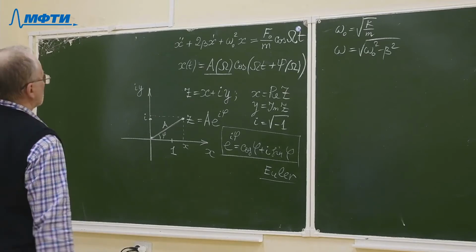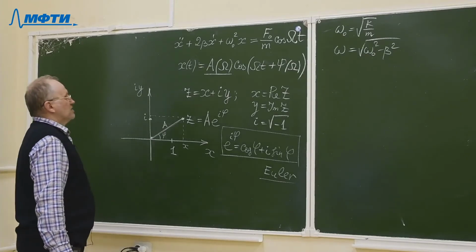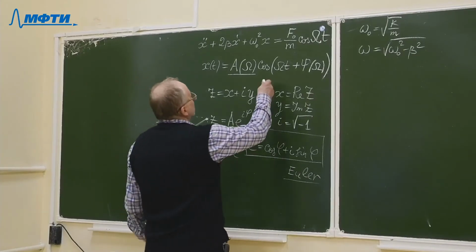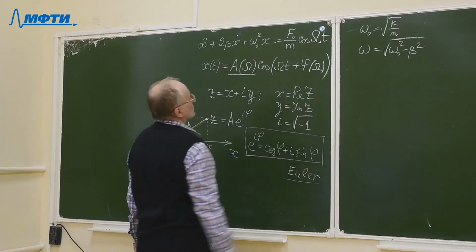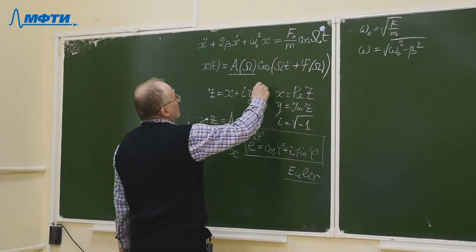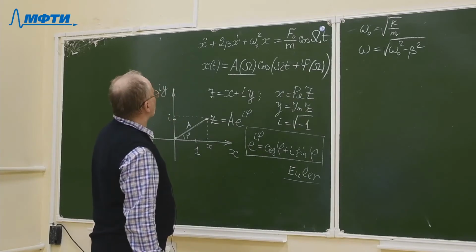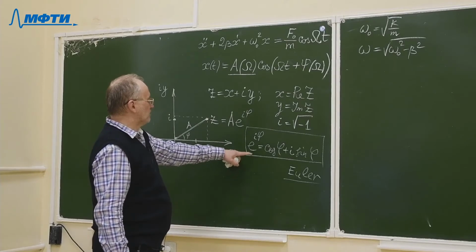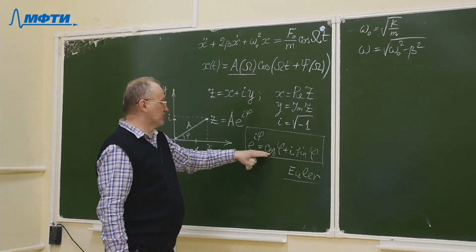So, based on the knowledge of complex numbers and based on the understanding that the solution of this equation will be some harmonic function, we will use a complex function, complex exponent, because here we have cosine, and here also we have cosine.